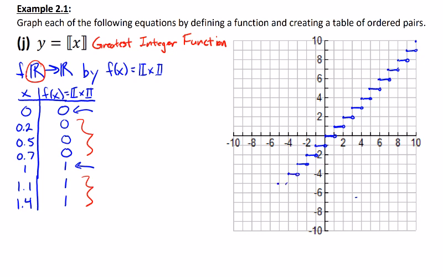So let me complete the picture, and then I'll write down the nickname for this. So that takes us to the end there, and the nickname for this is called a step function.